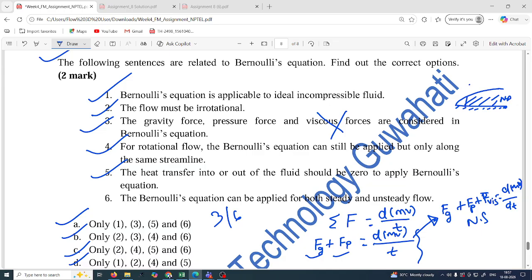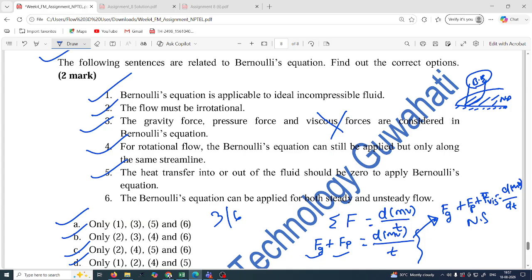After that, you can see the velocity profile is like that, up to that it is viscous dominated, after that there is no viscous effect. So here you can apply the Bernoulli equation. So outer part of the boundary layer you can apply the Bernoulli equation, and within you cannot apply, you have to go with the Navier-Stokes equation concept. So this is another concept I want to tell you.